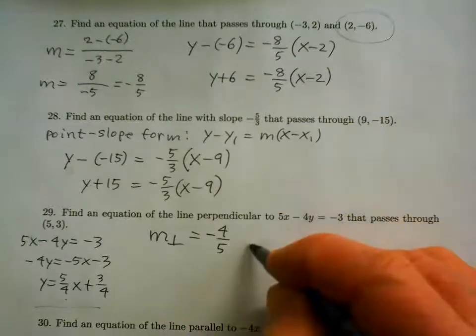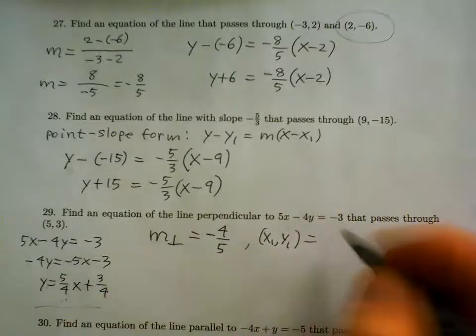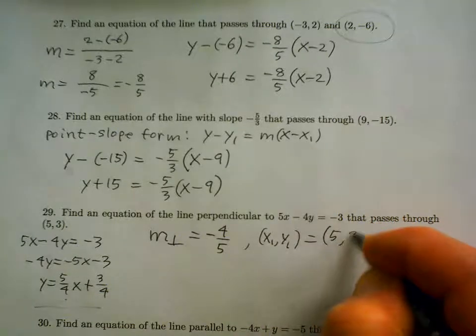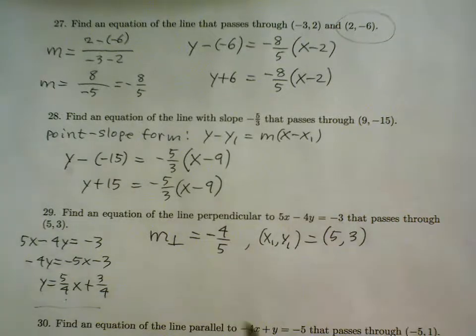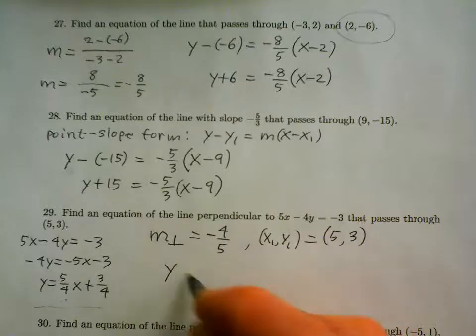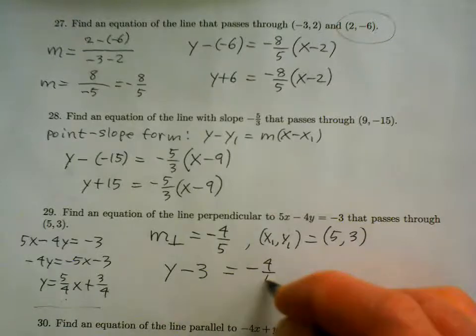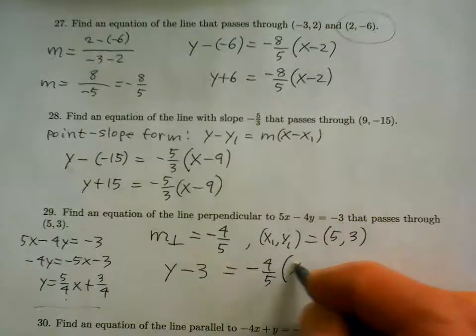And then our x1, y1 is the ordered pair (5, 3). So we'll just write down the point slope form, y minus y1, and in this case is y minus 3 equals -4/5 times the quantity x minus 5.